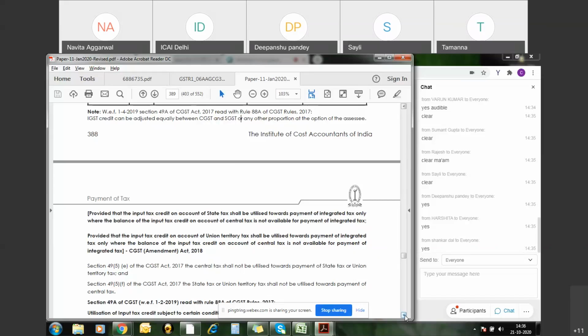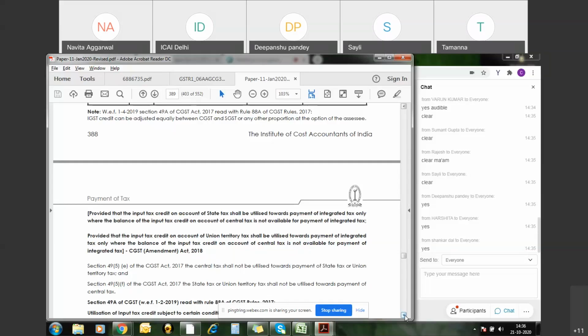So what they are stating is, if any ITC is available under SGST, that can be utilized for making the payment of liability under IGST. But if there is any input available under CGST, that input cannot be set off against any liability under IGST. That set off is not available in the earlier rules.